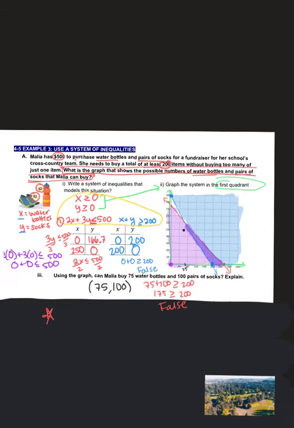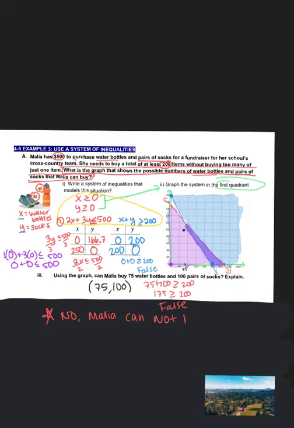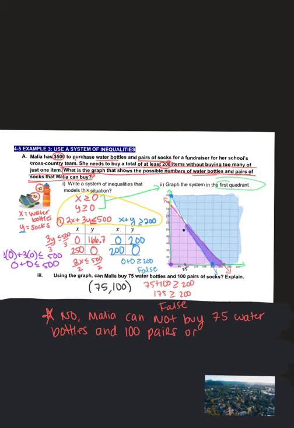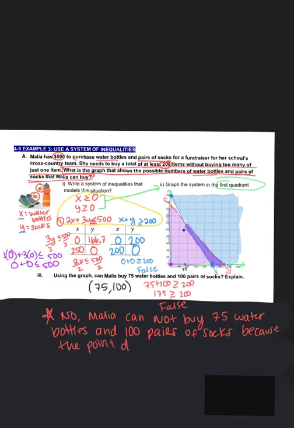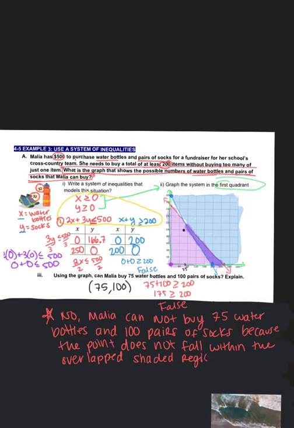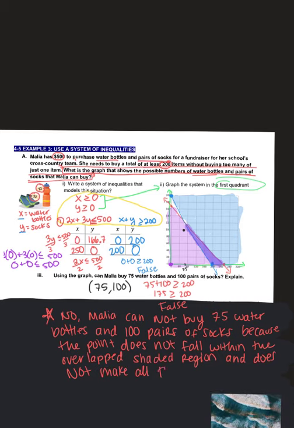So here's what we're gonna say. We're gonna say, no, Malia cannot buy 75 water bottles and 100 pairs of socks because the point does not fall within the overlap shaded region and does not make all the inequalities true.